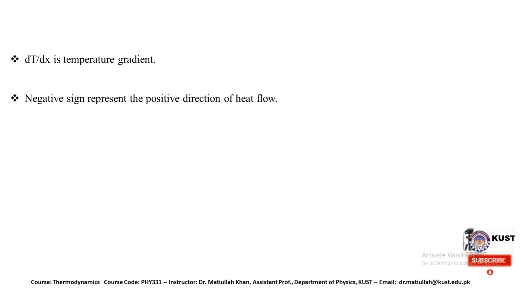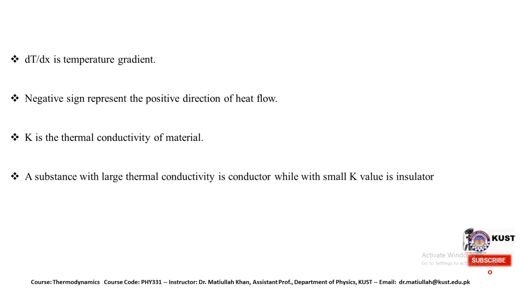So dT divided by dx is the temperature gradient which we are mentioning, and K is the thermal conductivity, which, as we discussed, depends on the material. So what is thermal conductivity? It is the property of the material that describes how easily it allows the flow of heat.